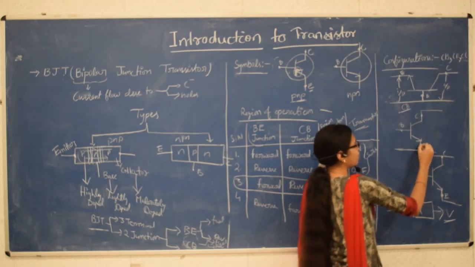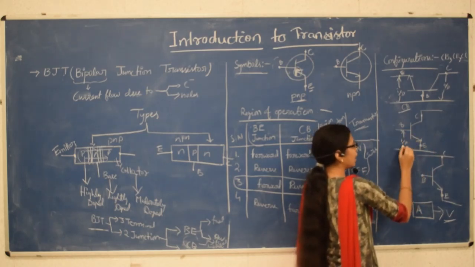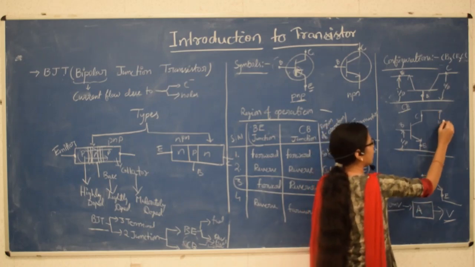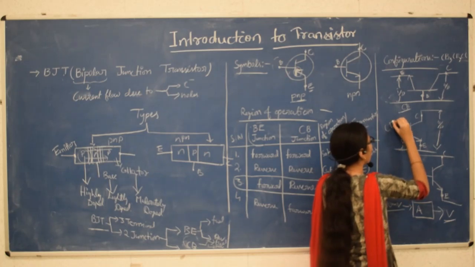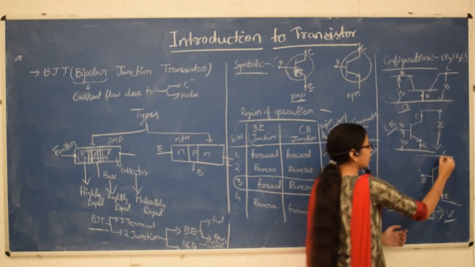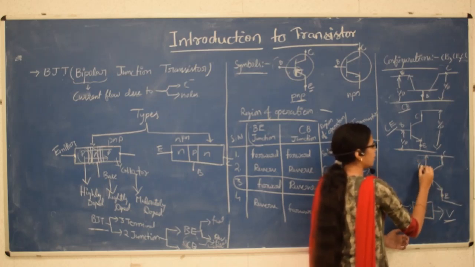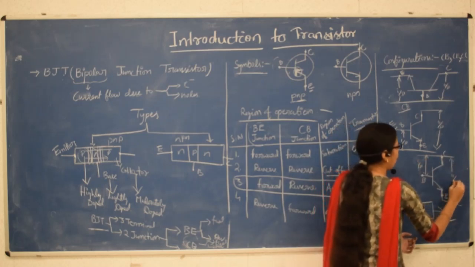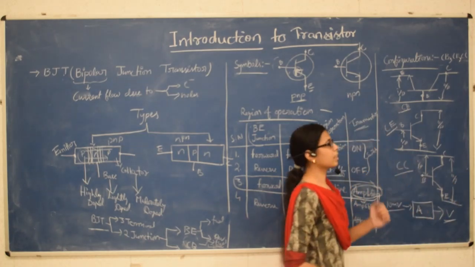In the same way, if the emitter is common between input and output, that is called a common emitter amplifier. Here you see, the collector is common between input and output. So this is called common collector.